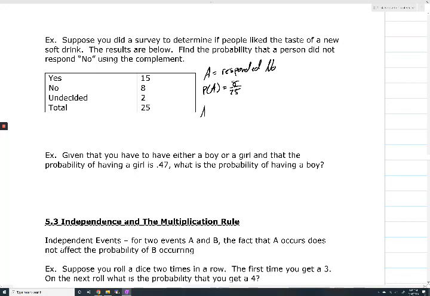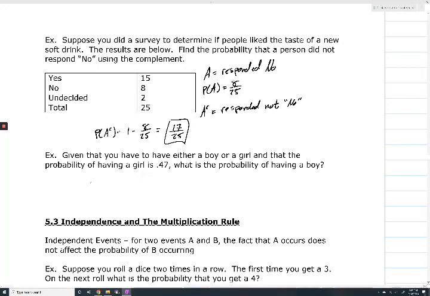So the complement of that means they responded not no. And in this case, not no means yes or undecided. So that means the probability of that is equal to 1 minus the original, which gives us 17/25.